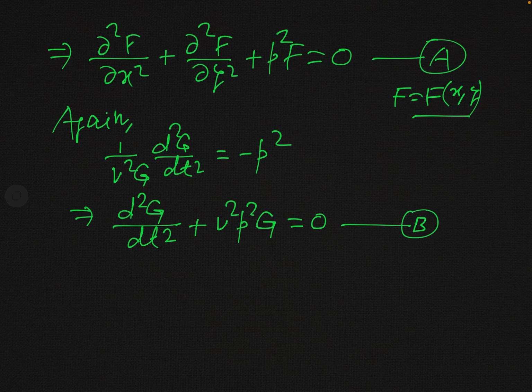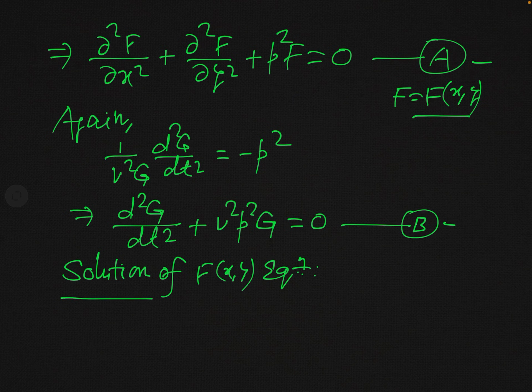So this is another equation which contains the function of time t only. This is an ordinary equation. Now we will solve the equation A and equation B separately: the solution of the f xy equation.